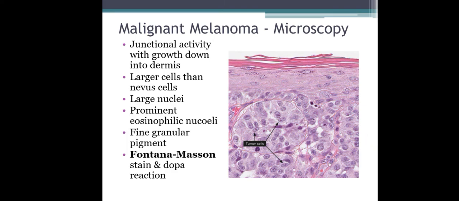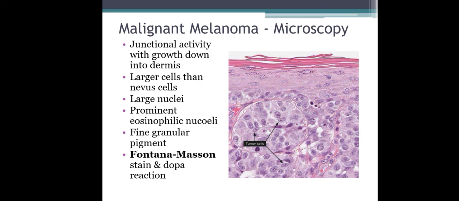Sometimes you will get fine granular melanin pigment. If you are not able to see it, but you still suspect that this is a melanoma, you can do the Masson Fontana or Fontana Masson stain. This is a special stain for melanin. Please note that you get plenty of questions based on melanoma. One of these questions is this special stain for melanin. So we have to remember special stains for different intracellular and extracellular pigments.